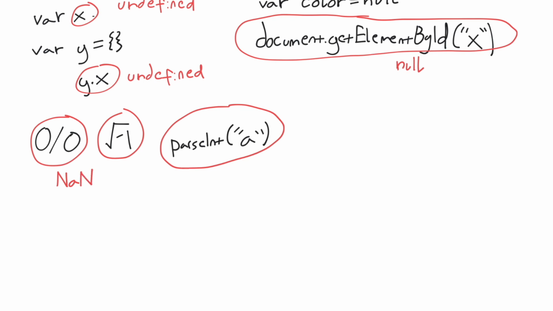So I want to go back to what I said at the beginning of this video, where I said that any value that is falsy, so any of these example values that I've given above, undefined, null, not a number, false, these are all going to cause this if statement to skip the first block and default to the second block because they evaluate as false. Now you can probably see here why a lot of people find JavaScript to be a very frustrating language, because I'm encouraged to write code like this. It's very short and simple.